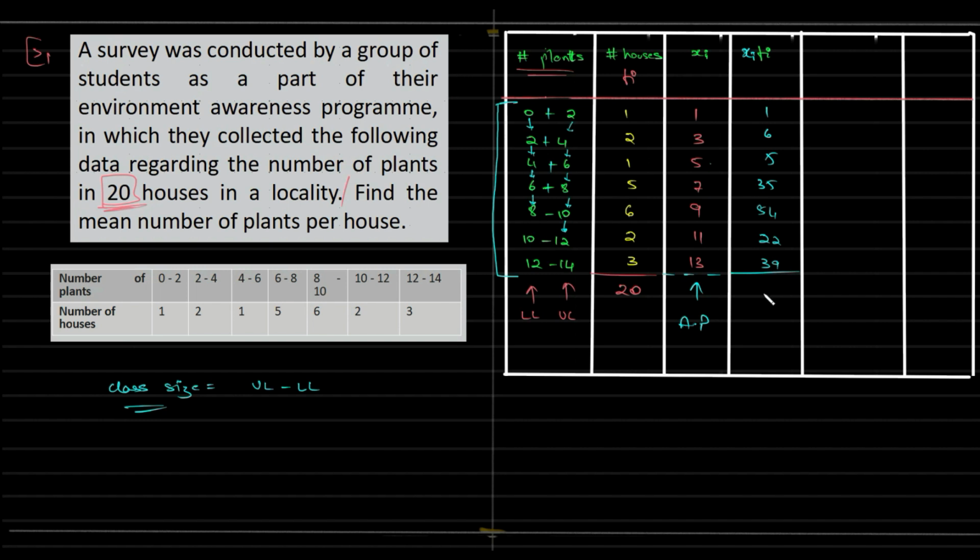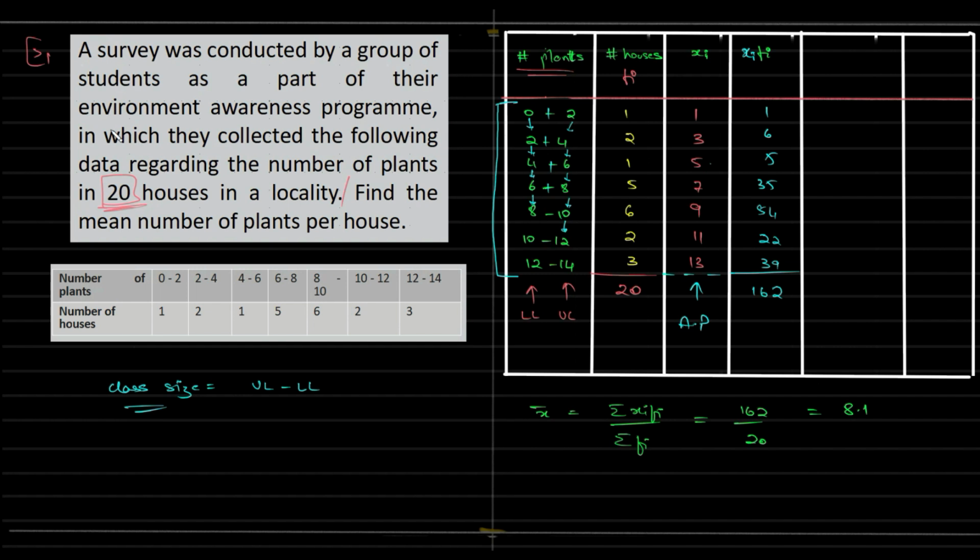I already added all of this and the answer is 162. So we know summation xi fi, and x bar is equal to summation of xi fi divided by summation of fi, which is 162 by 20, which happens to be 8.1.